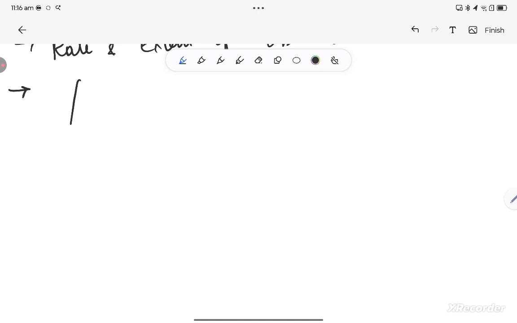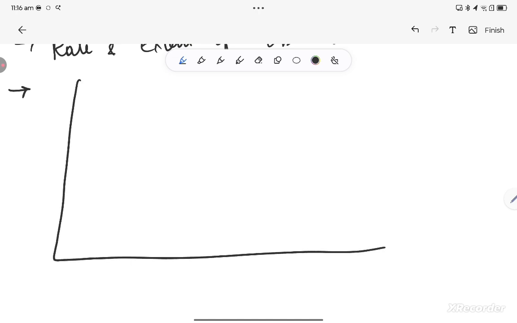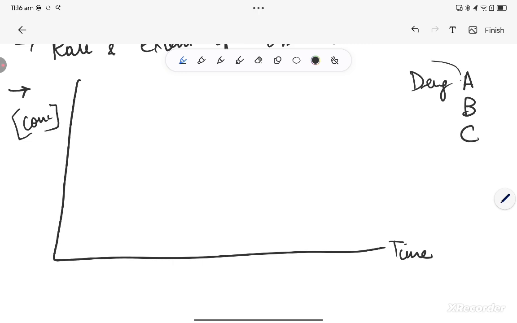Let us say this is the graph. The x-axis is time and the y-axis is concentration, plasma concentration. Now let us say I have used three formulations, formulation A, formulation B, formulation C, of the same drug.